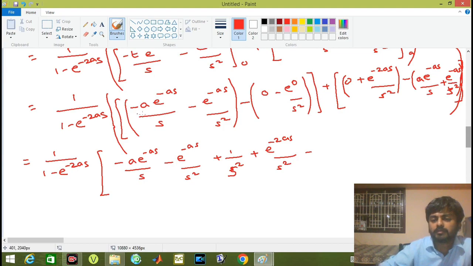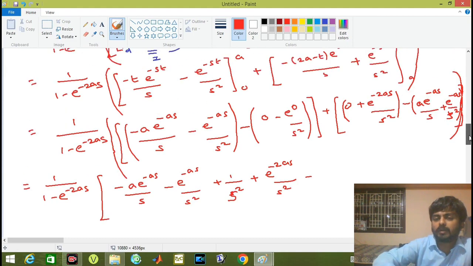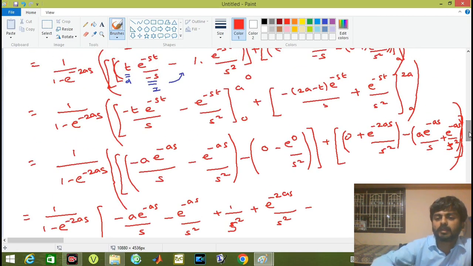So we have to check the lower limits. See here, if I substitute 2a, we have to check from the previous term.